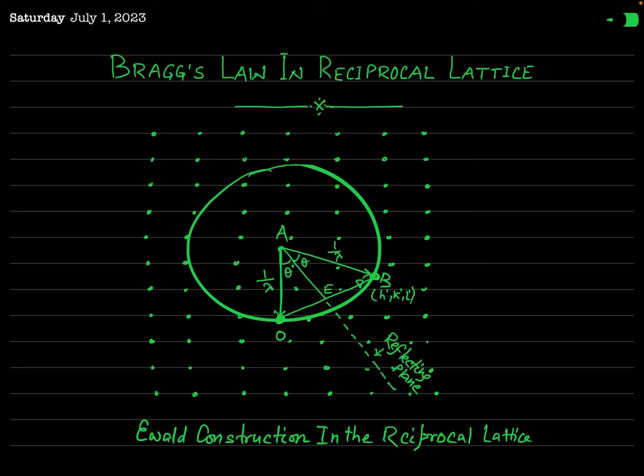This AO is a vector which I have drawn, and the terminating point of this vector I have taken here is O. And this O is the origin of the reciprocal lattice. So you can treat this point O as the origin of the reciprocal lattice. RL I have written, which represents reciprocal lattice.